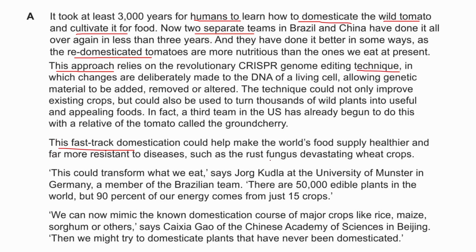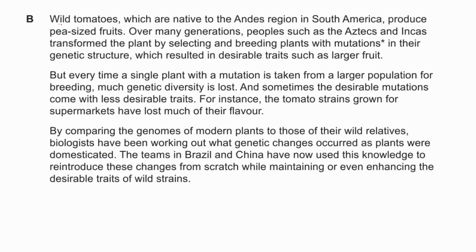We don't read everything. So now moving on, paragraph B, wild tomatoes, native to, so it's about the location over many generations, selecting breeding plants, every single plant, mutation, larger population, diversity is lost, so it's a problem here. Desirable mutations, example here, comparing the genomes of mother plants to wild relatives. That's enough.